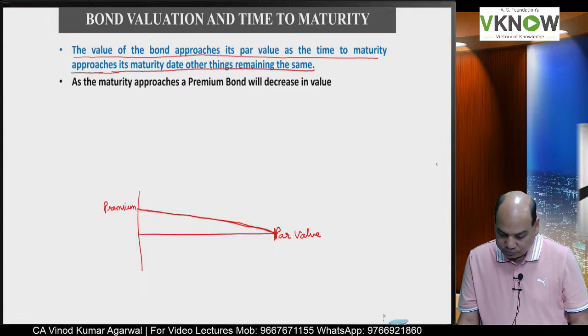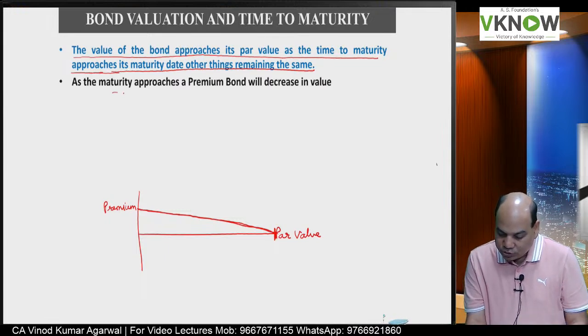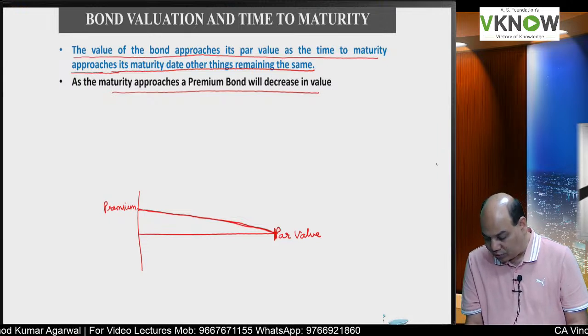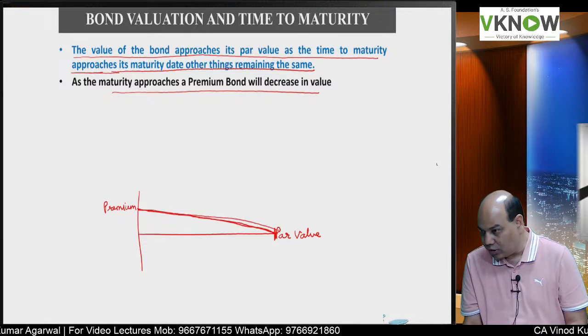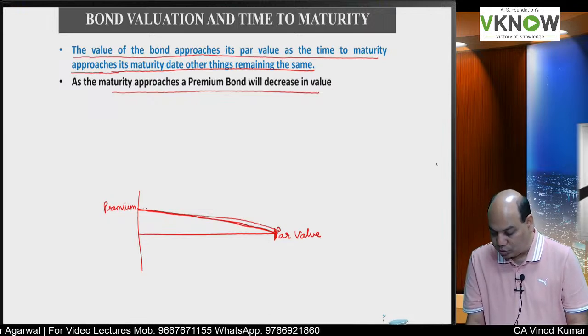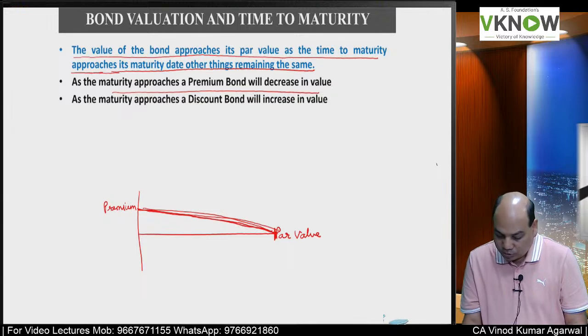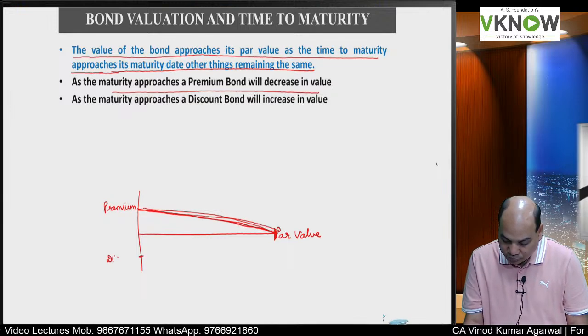So as the maturity approaches, a premium bond decreases in value, and becomes equal to its par value on maturity. And what happens to a discount bond? Suppose the bond is at a discount.